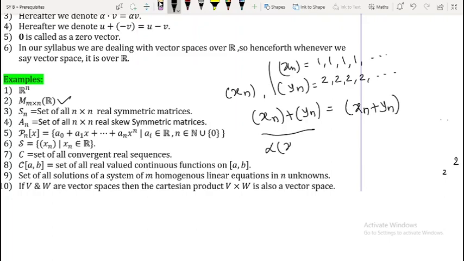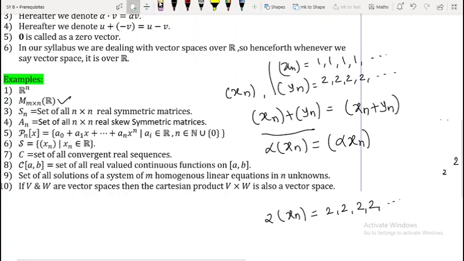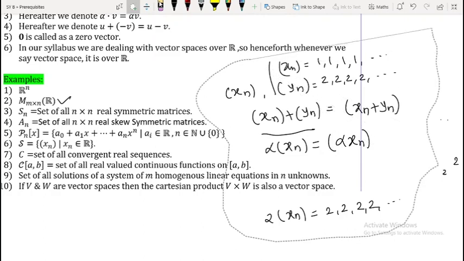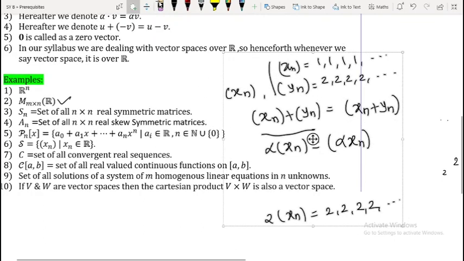So alpha xn is alpha times xn. For example, suppose this is our sequence. What will be 2 times xn? Simply we are going to multiply each term of the sequence by 2. So this is nothing but scalar multiplication. So with respect to this addition and scalar multiplication, this S is a vector space, that is, the set of sequences over R.